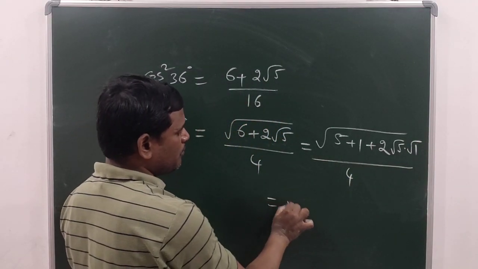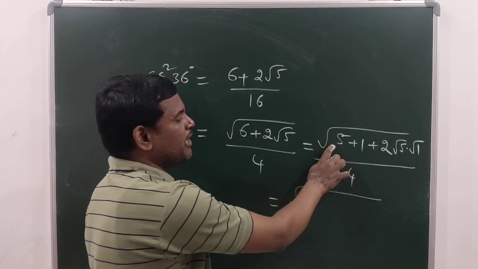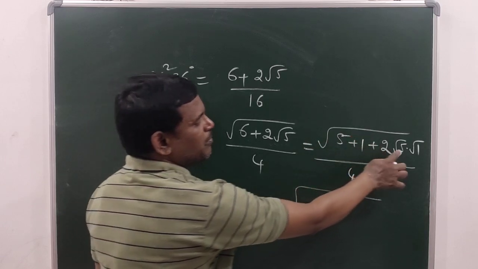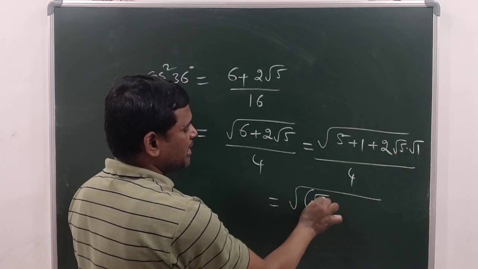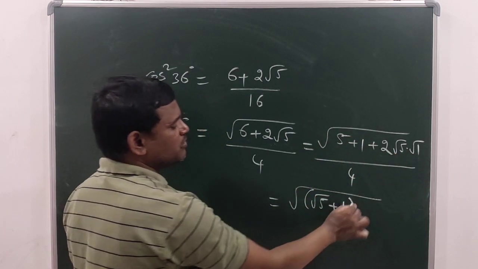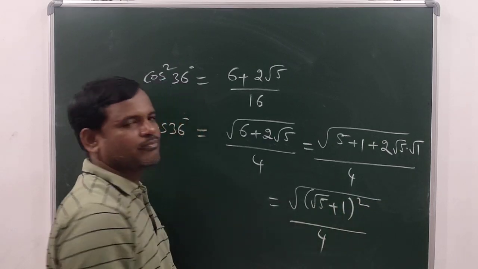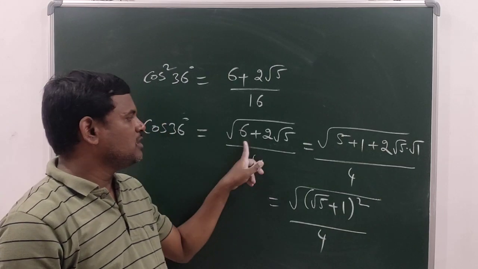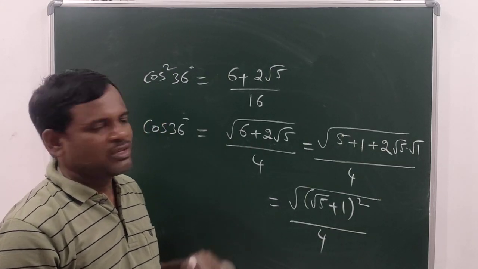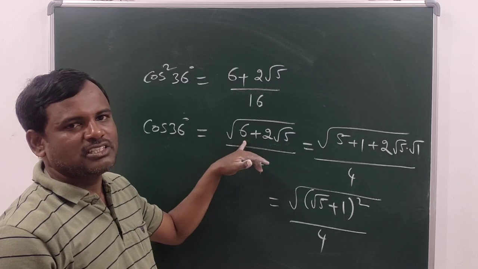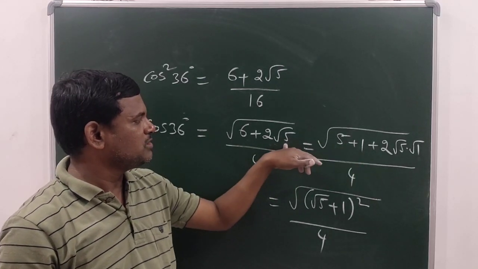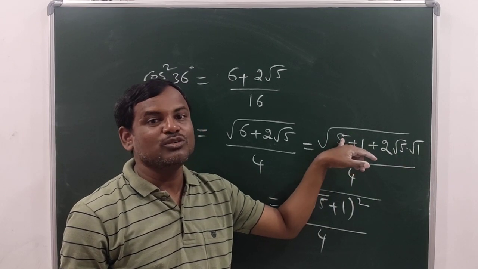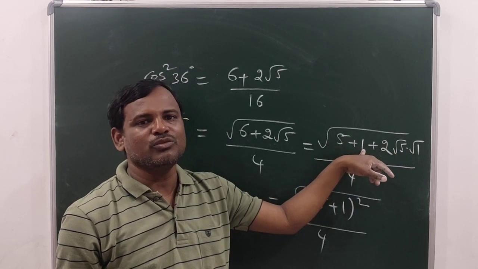This 5 you write as root 5 whole square, 1 as root 1 whole square.